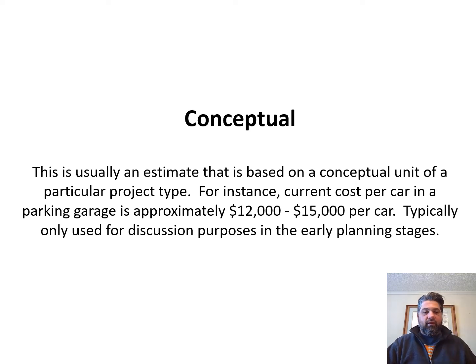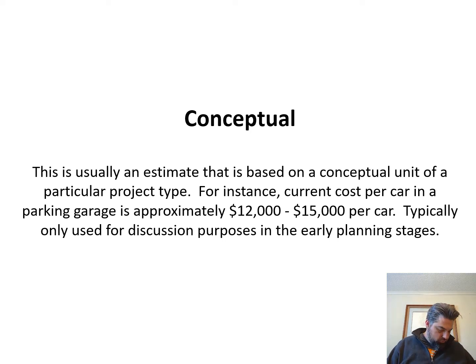The first one I want to cover is the conceptual type of estimate. Imagine a parking structure, a parking garage. A straight up parking garage is conceptually about 12 to 15,000 bucks per parking space.